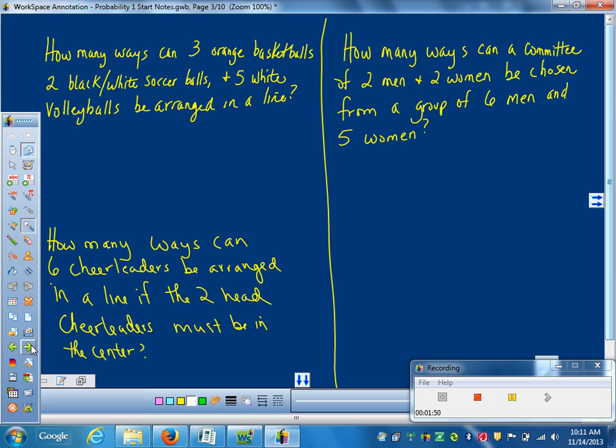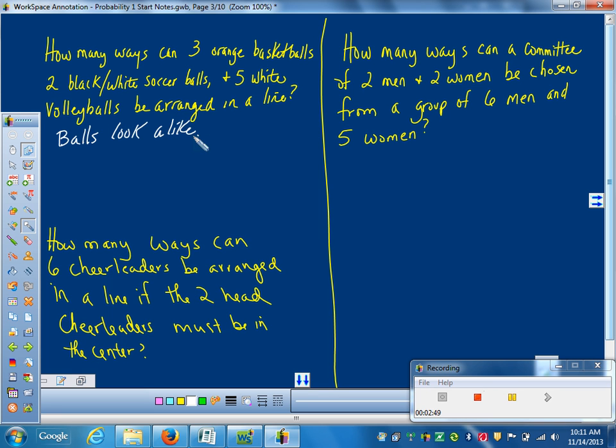You've got 3 orange basketballs, 2 soccer balls, 5 volleyballs. You're going to arrange them in a line. You should assume that all the basketballs look exactly the same, all the volleyballs look exactly the same. So how many ways can you do it? So the permutation.